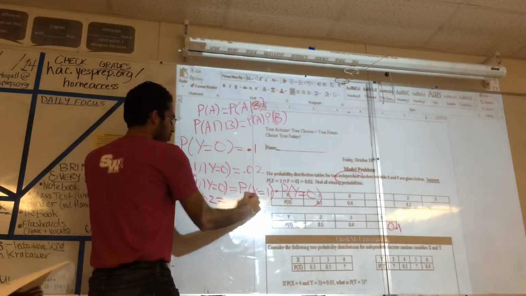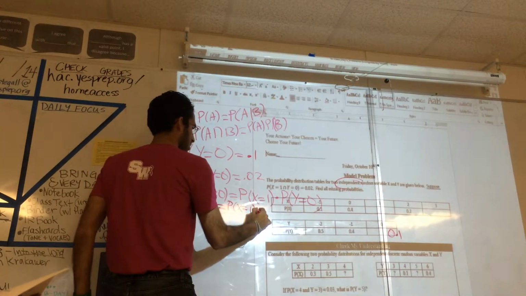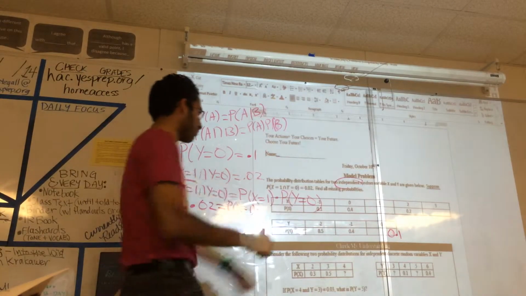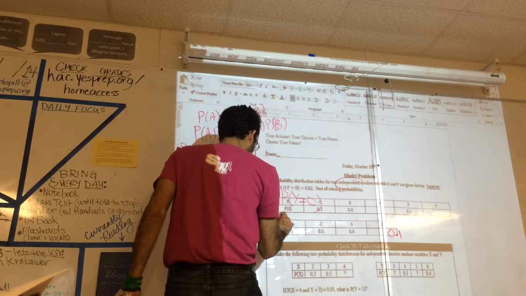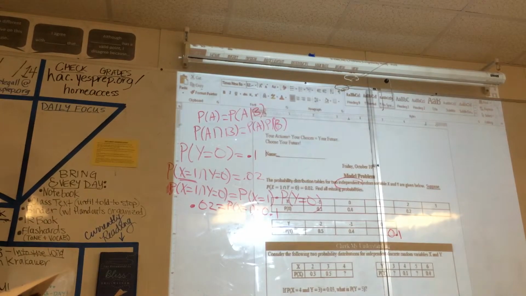We don't know the probability of x equaling 1. But we do know the probability of y equaling 0. Victoria just told us that was 0.1. How do I find the probability of x equaling 1? Kendra, what do I do now?